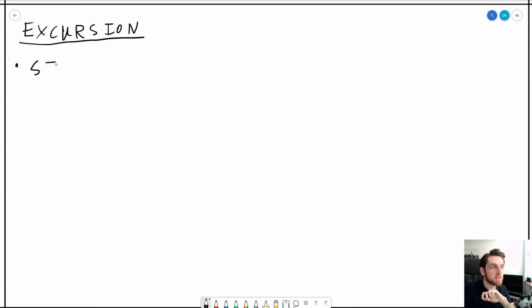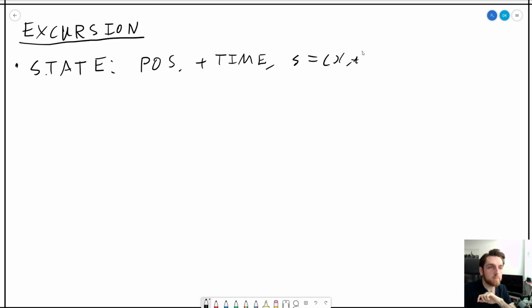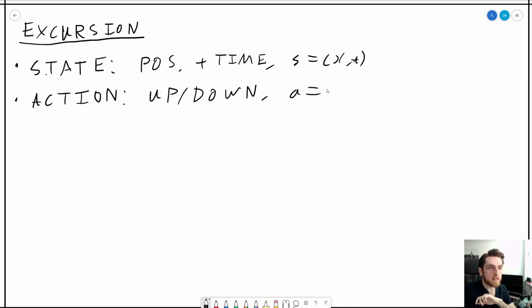So the state consists of the position and time, so S is x and t. And the actions consist of a choice of whether to go up or down at each time step, A equals plus or minus 1.